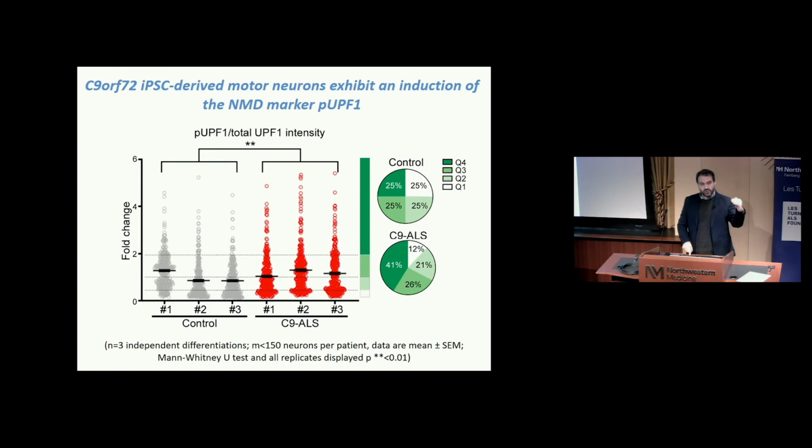In contrast to a reduction in translation, we see an induction of markers of nonsense-mediated decay. This is one of those markers called phospho-UPF1, normalized to total UPF1. This is the spread of the intensity of phospho-UPF1 in control neurons.